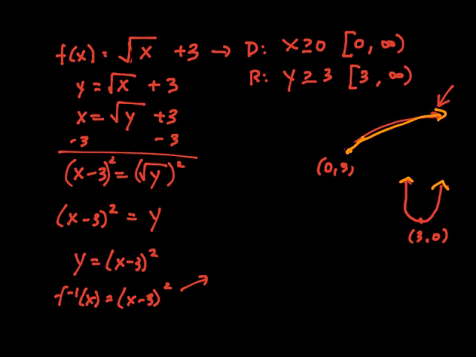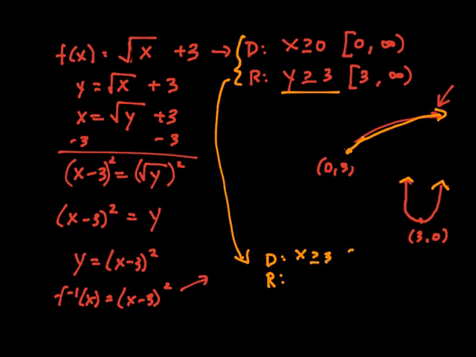Okay, so we look at the domain and range for the original function, and then we can derive the domain and range for the inverse. So we look at the domain, for the domain we look at the range, so that x is greater than or equal to 3, or it goes from, well, it includes 3 and goes to infinity.